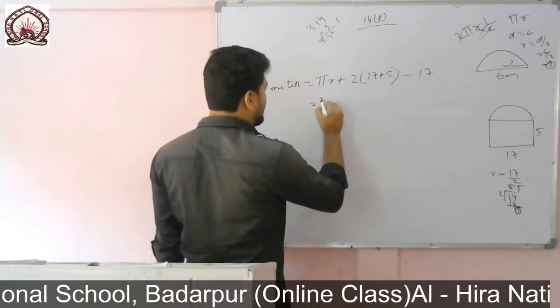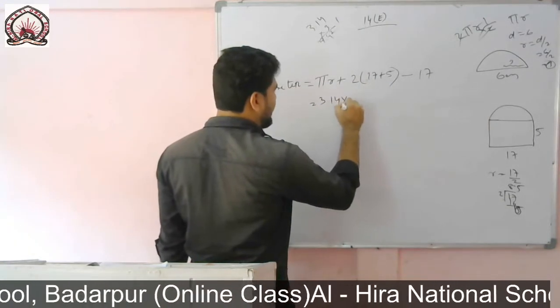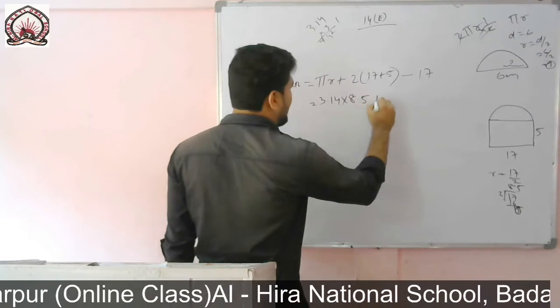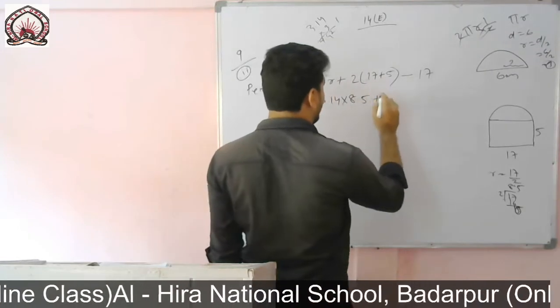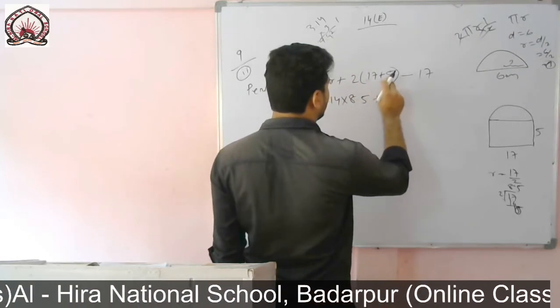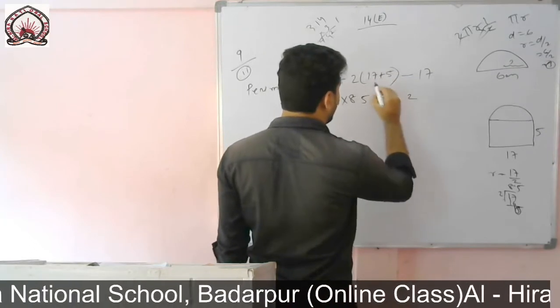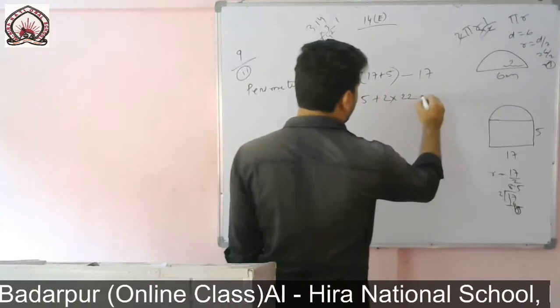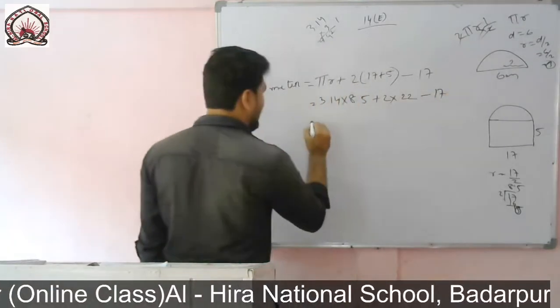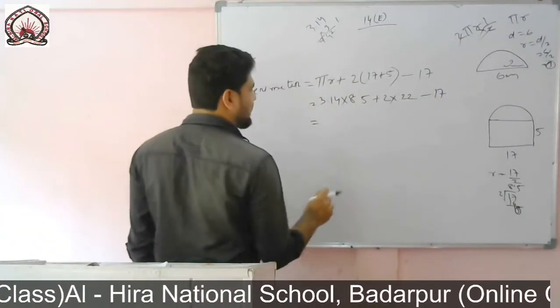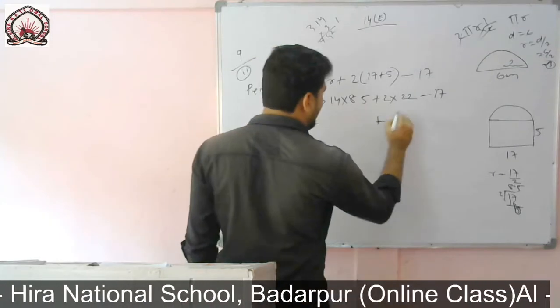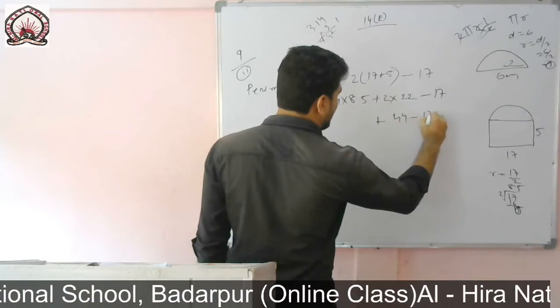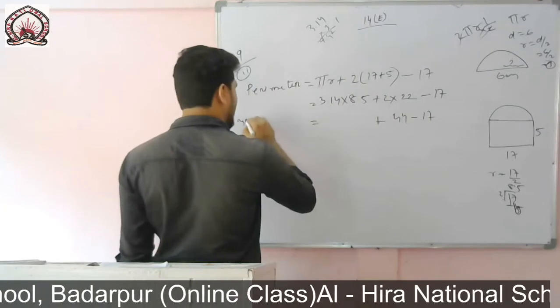So you can write 3.14 into 8.5 plus 2 into 22 minus 17. Now you multiply, then you will get the answer. Here you will get 44. So multiply this portion.